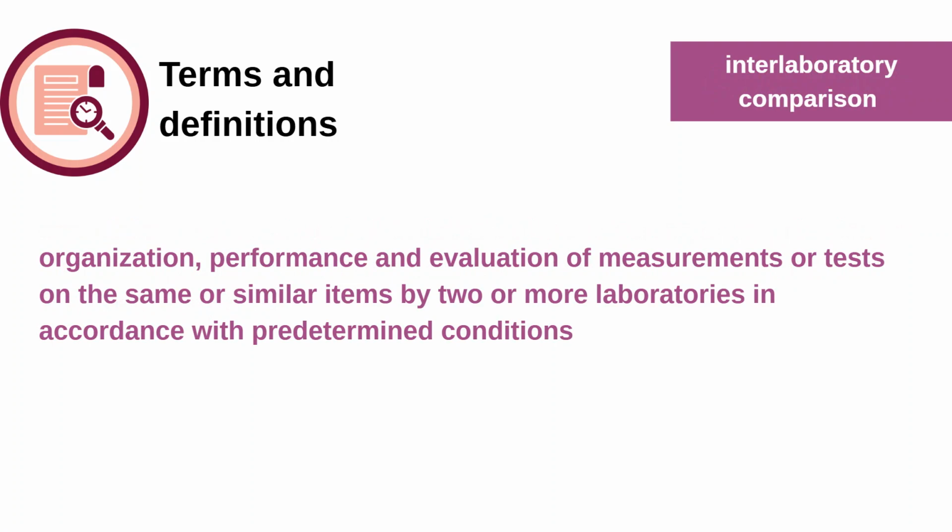Inter-laboratory comparison is the organization, performance, and evaluation of a measurement or test on the same or similar items by two or more laboratories in accordance with predetermined conditions. For example, if you want to apply for ISO 17025 certification in India, you are supposed to produce an inter-laboratory comparison sheet.